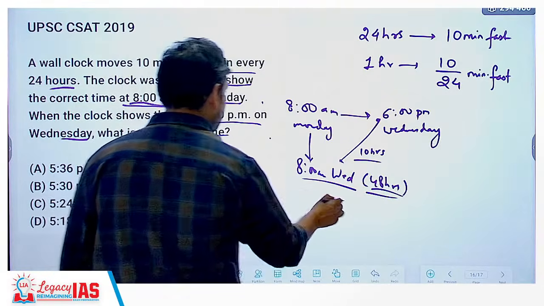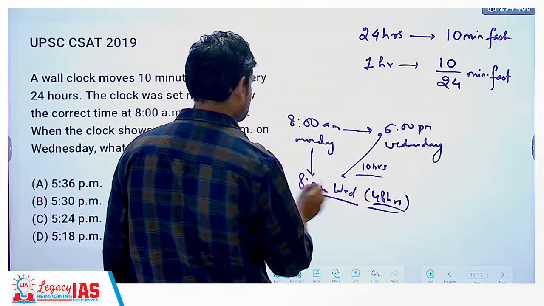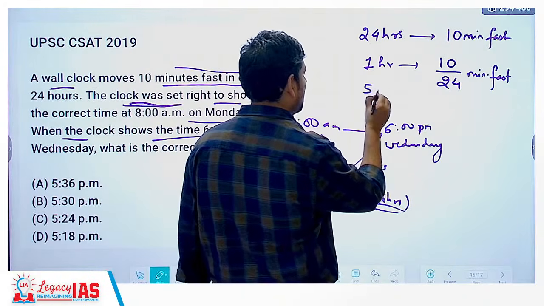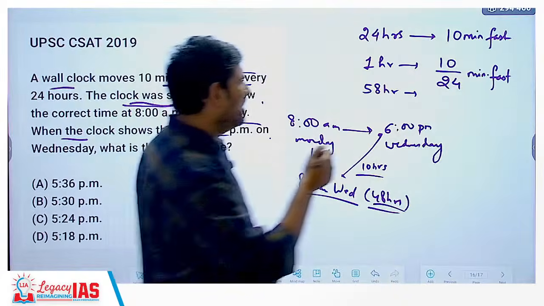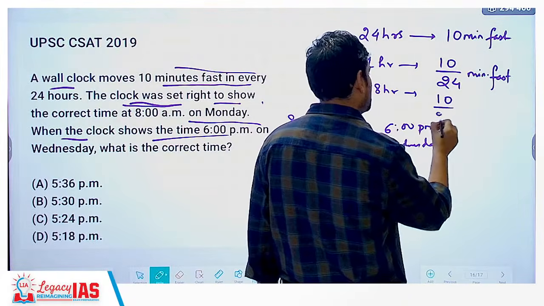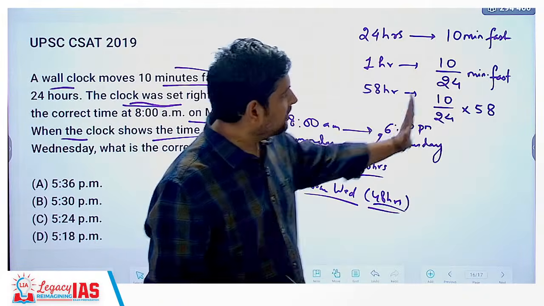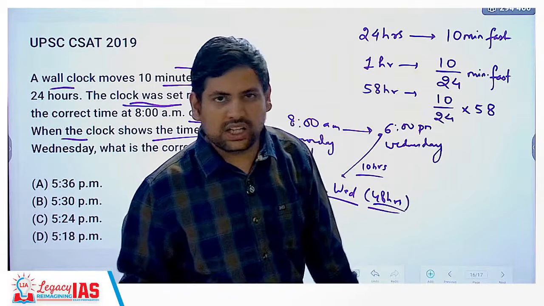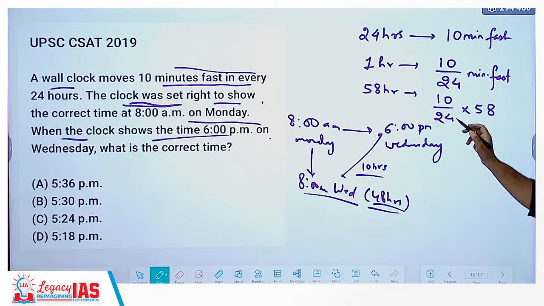Now, if it is 58 hours, I try to find what the change will be in 58 hours. So the change will be 10/24 into 58, because in 1 hour it was 10/24 minutes fast. So in 58 hours, how fast will it be? Very simple. How many times can you cancel this out?